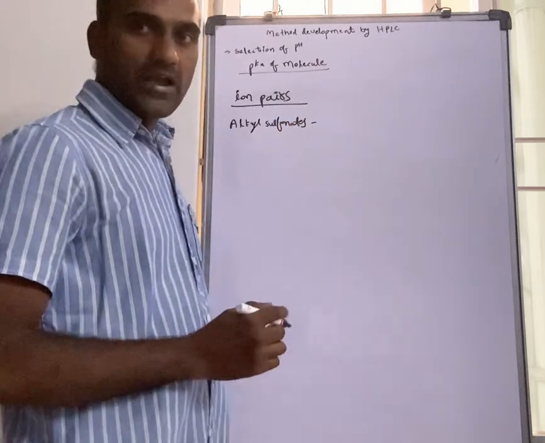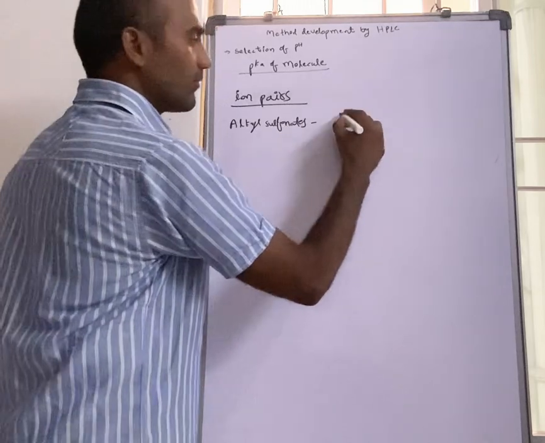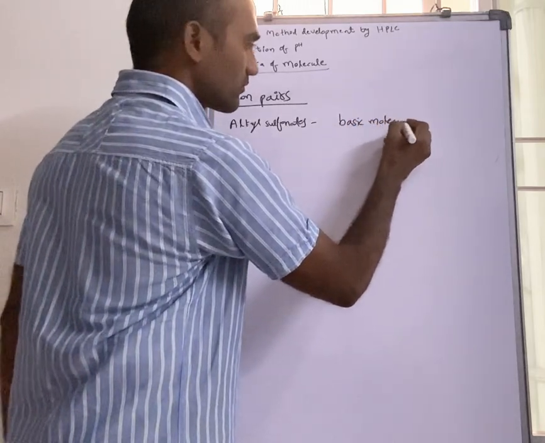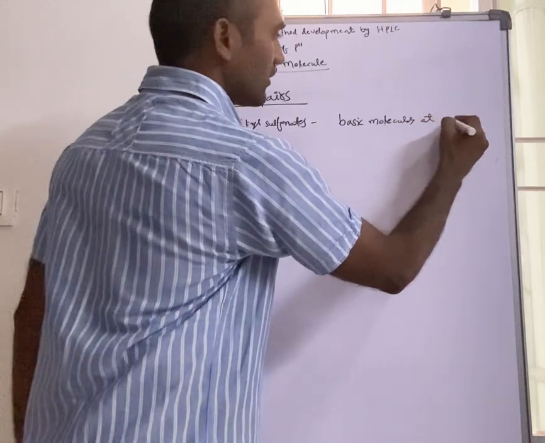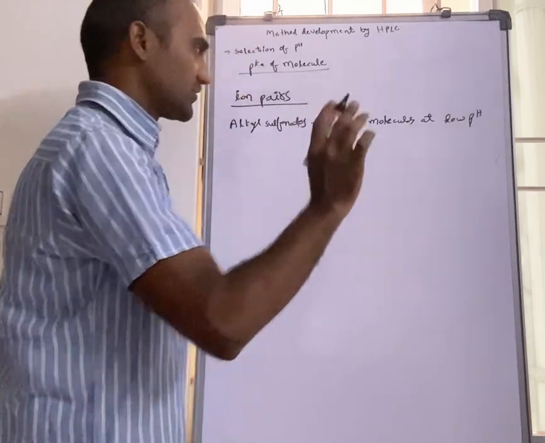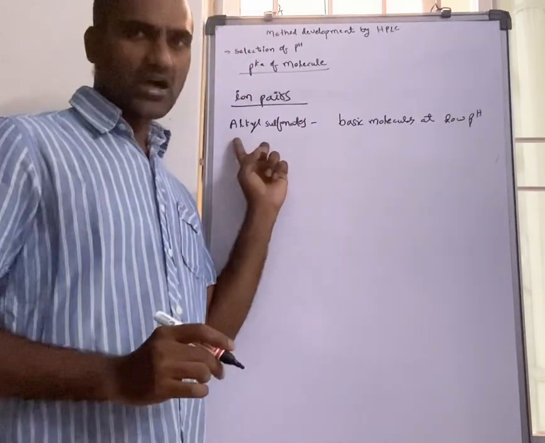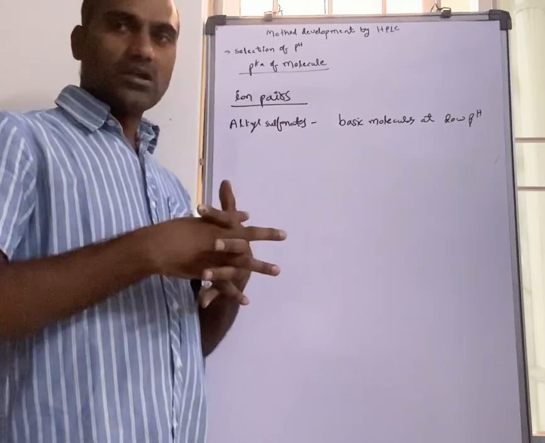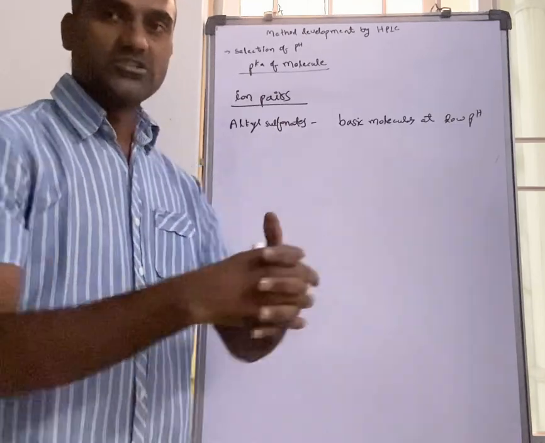Alkyl sulfonates are used as an ion pair for basic molecules at low pH. Here, just understand, alkyl sulfonates and alkyl sulfonic acids, these are acids. So ion pair means what? It should be opposite charge.